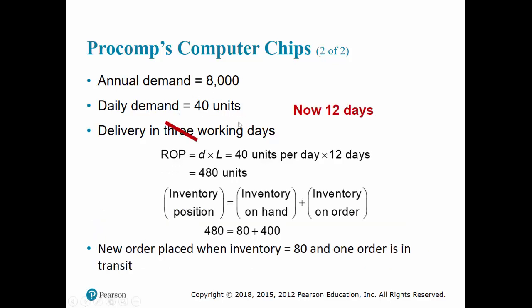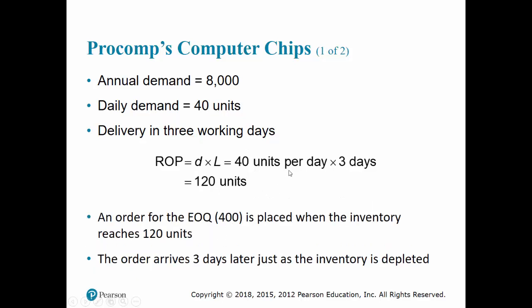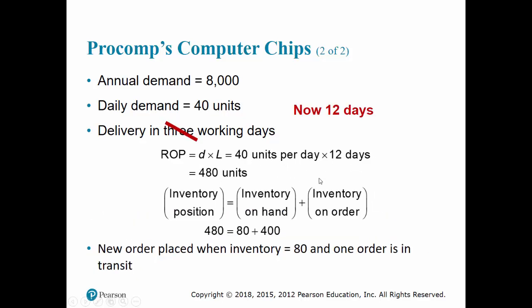Now suppose the lead time is 12 days, so then your ROP is 480 and EOQ is 400. So what happens when your demand during lead time exceeds your EOQ? How can you handle that situation? Well, in that case, you need to look at not just the inventory on hand, you really should look at inventory position.